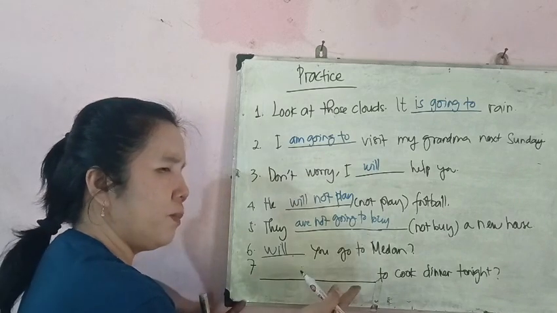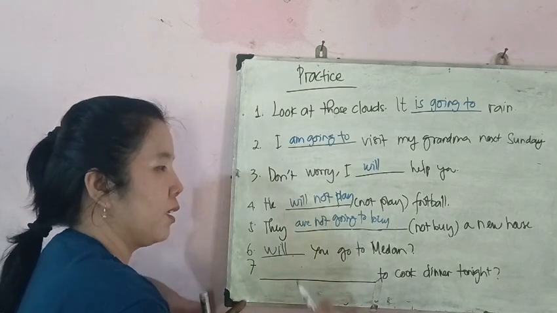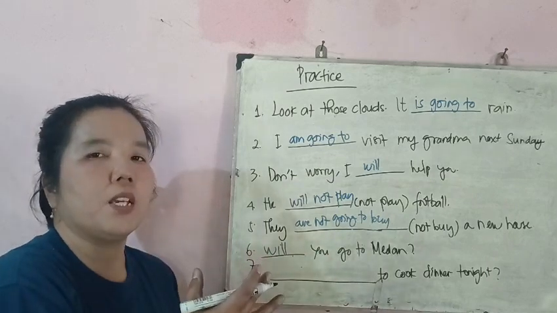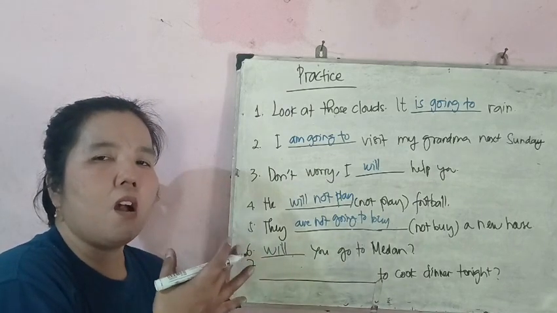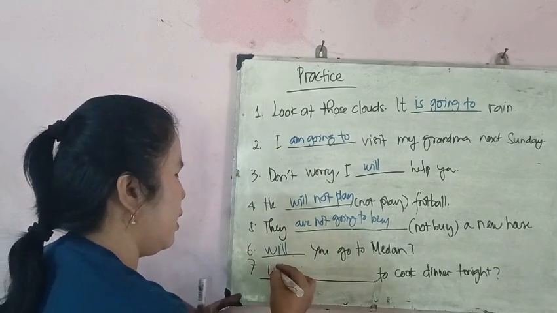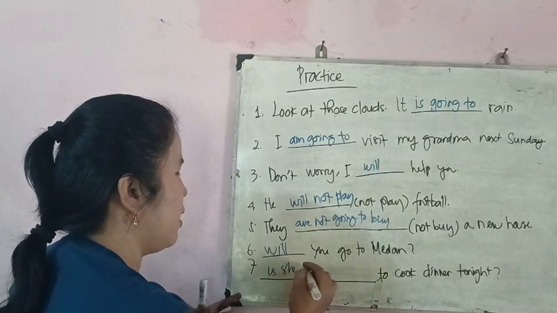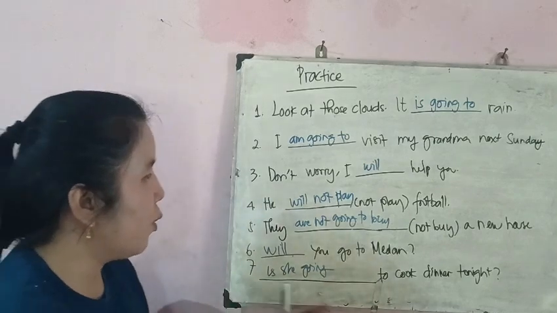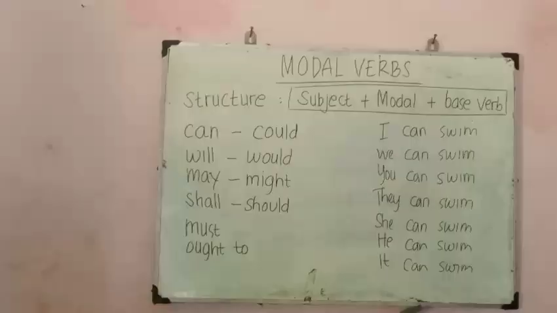Okay, it depends on the subject. If the subject is she or he, we use is. But if the subject is we, we use are. Okay. Is she going to cook dinner tonight?